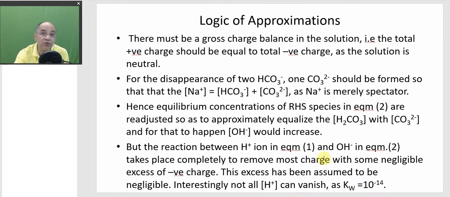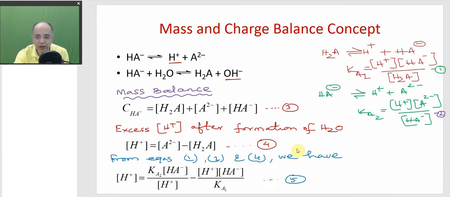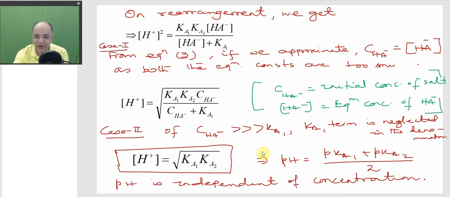So it's not the case with sodium bisulfate, no. The first dissociation has to be completely eliminated there. So it's not applicable for sodium bisulfate type, where Ka1 is much greater, right?